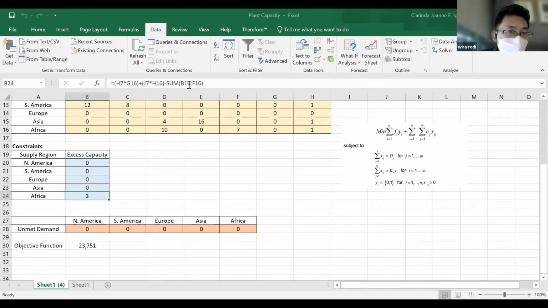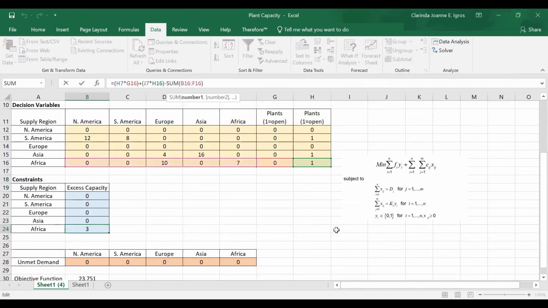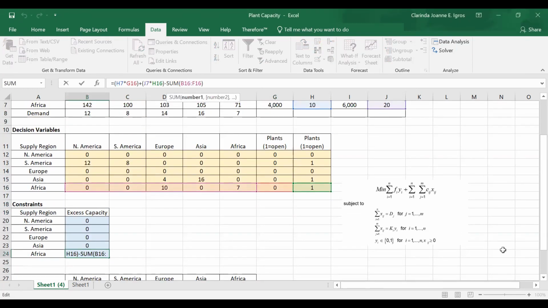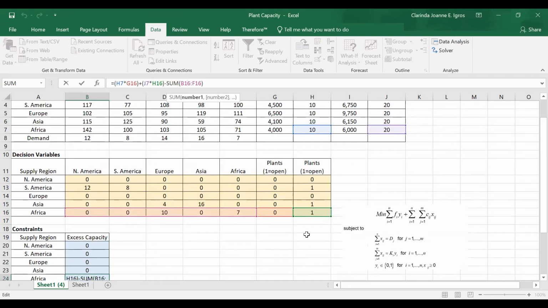It's 7. Excess capacity, so this is only 10 minus 7. It's 20 minus 17. Oh, so it means that they still have 3 capacity which is not yet used.